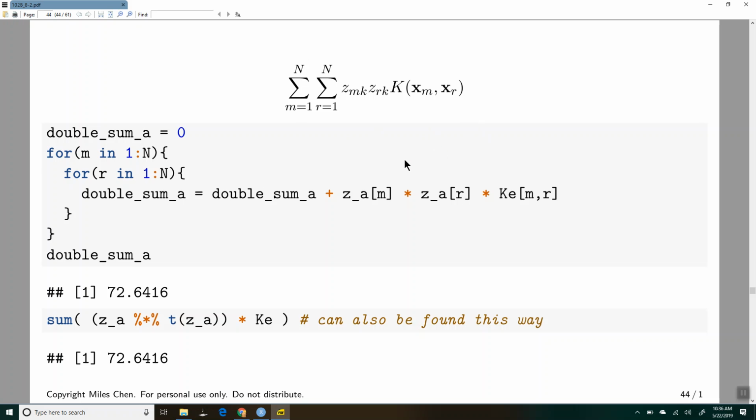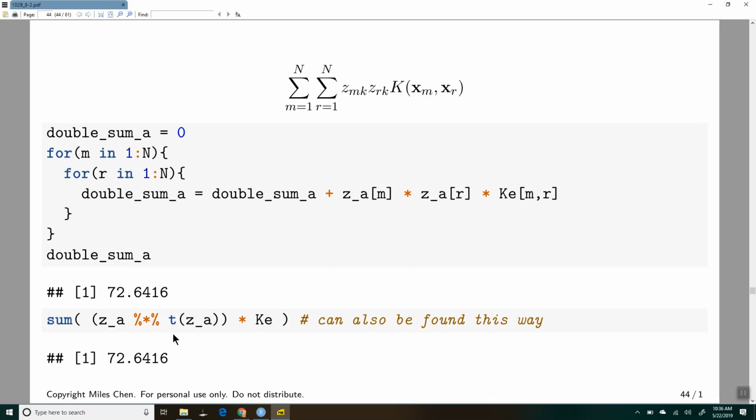This quantity, the double sum, is a little bit messy, but I'm going to just do basically Z, okay, for A, it's going to be ZA and ZM, ZA for R, and something like that, and we get this.